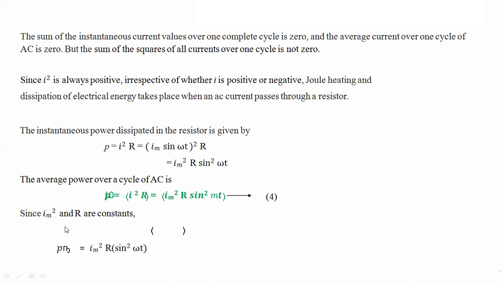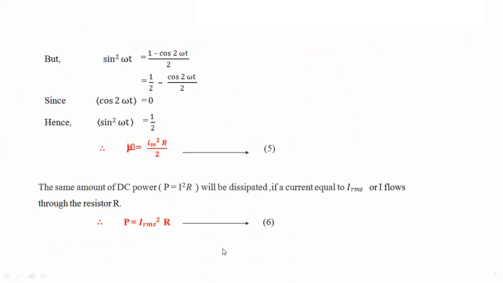Since Im square and R are both constant, I can write P average is equal to Im square R times the average of sine square omega t. But sine square omega t is 1 minus cos of 2 omega t upon 2, so I can write it as 1 upon 2 minus cos of 2 omega t upon 2. So the average power can be divided into two components: a constant power component and a fluctuating component, Im square R upon 2 minus Im square R upon 2 cos of 2 omega t.